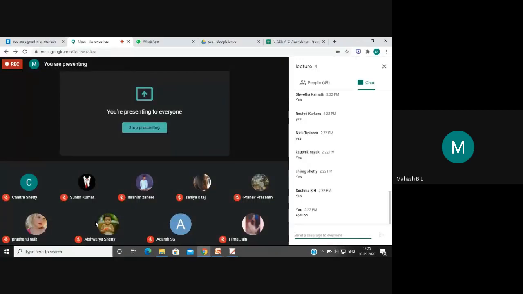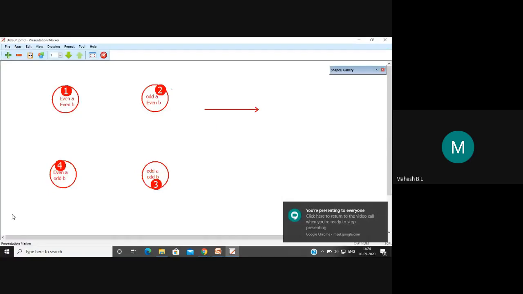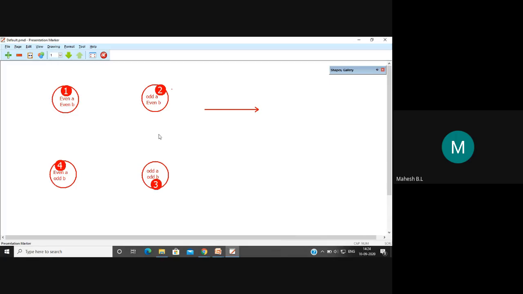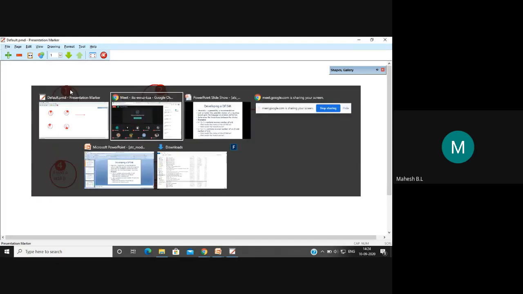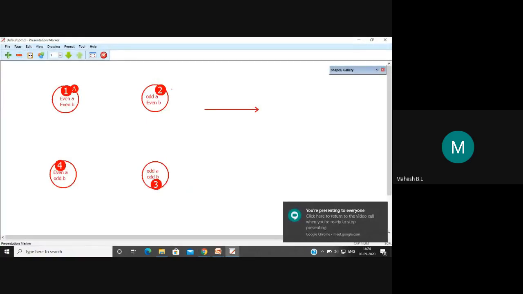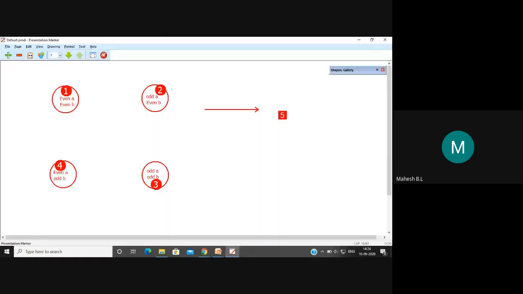You need to tell me which is the initial state and which is the accepting state in this particular DFSM. Make it fast. Tell me quickly.